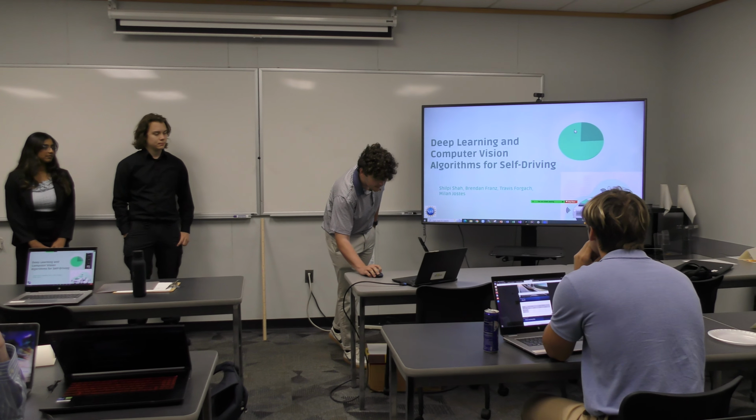This is the outline of our presentation today, so we'll be starting off with the motivations for developing self-driving cars. Overall, humans are a lot better drivers than computers, but they're not as reliable. As you can see, there's many factors that come into play for a driver.